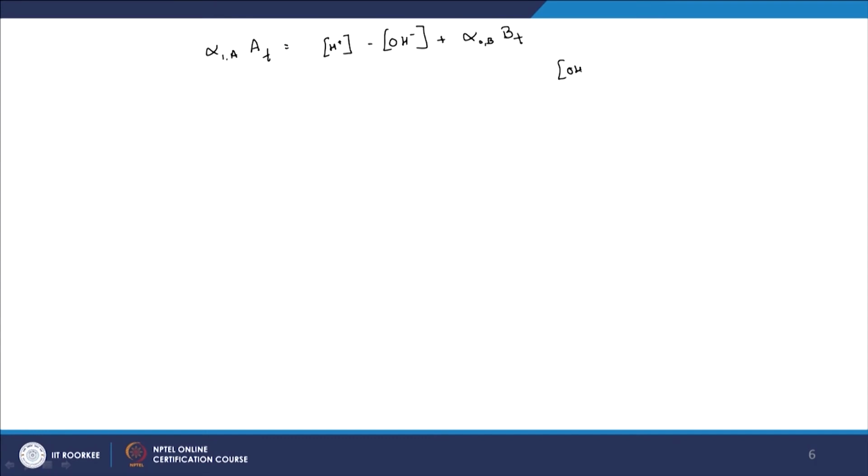The OH minus concentration is negligible because we are adding an acid and the pH will be relatively low. We are now left with alpha 1 of A into A total equal to the concentration of H plus, plus alpha naught of B into B total.